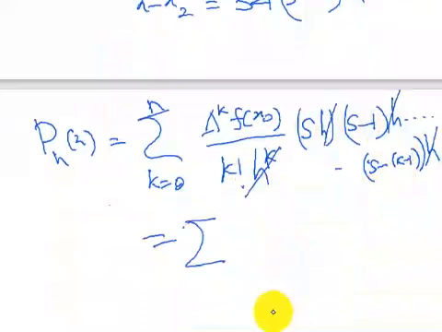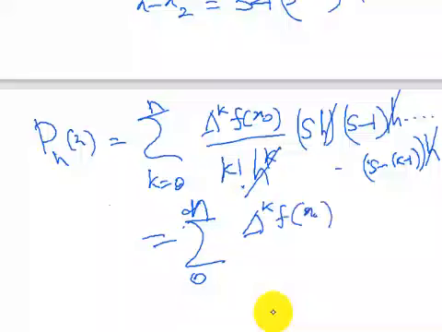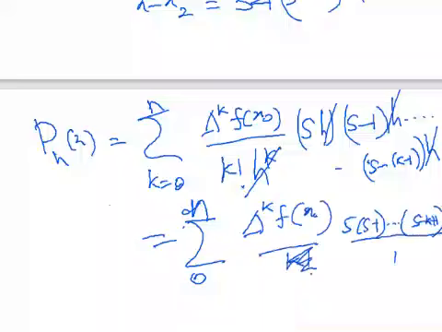When you simplify, k goes from 0 to n, the kth order divided difference of f of x naught, s times s minus 1 up to s minus k plus 1, divided by factorial k.